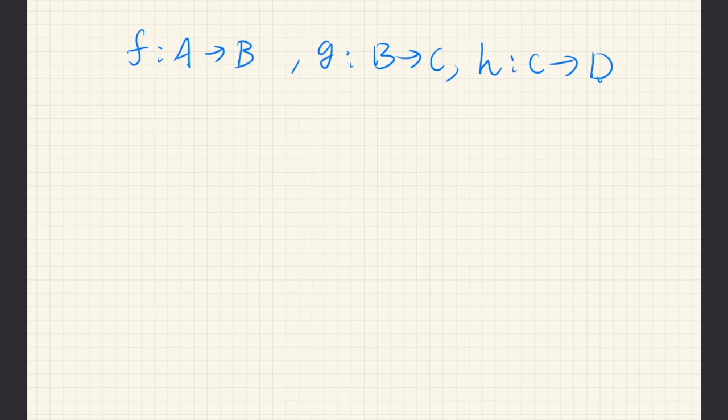Then we have, if we first compose h and g, then compose that with f, the result is the same as first we compose g and f, then compose h after that.